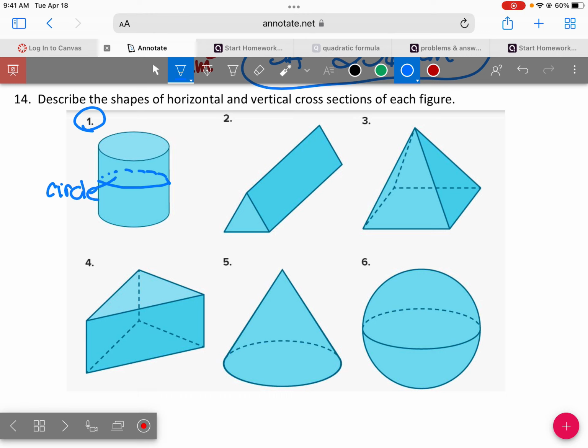What if I do a vertical cross section? So if I cut it right down the middle here, okay? It's going to look something like this. What is the vertical cross section going to be?